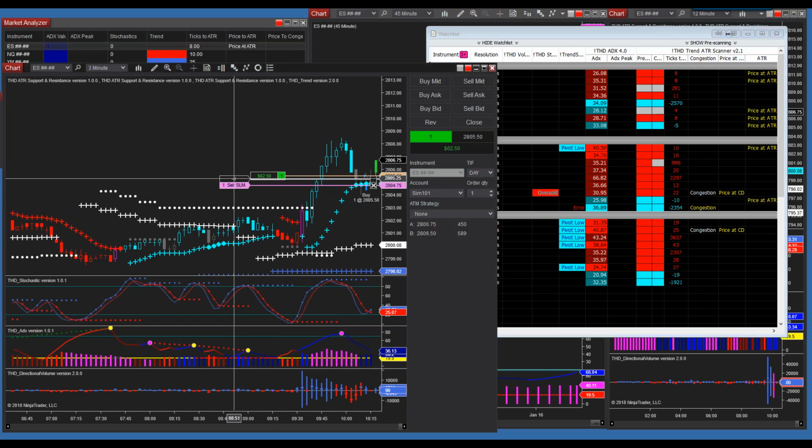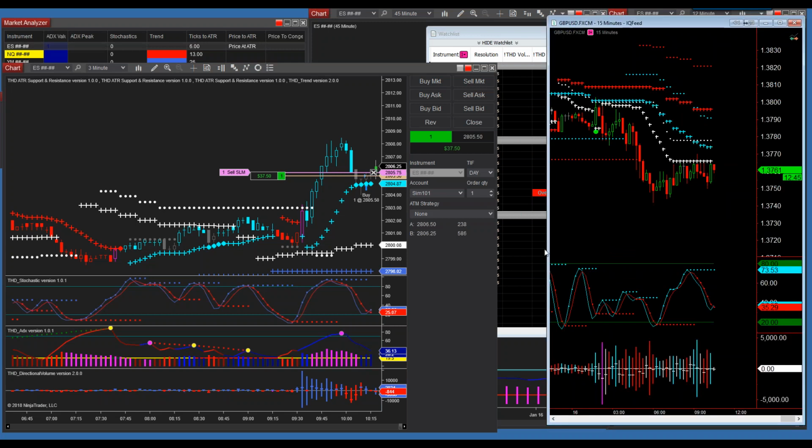Now I'm going to pull this up to where I'm at break even. So now I've covered the cost of my trade. Now this one I'm going to show because you can see you're at an ATR and you do have the ATR confirmations, okay?